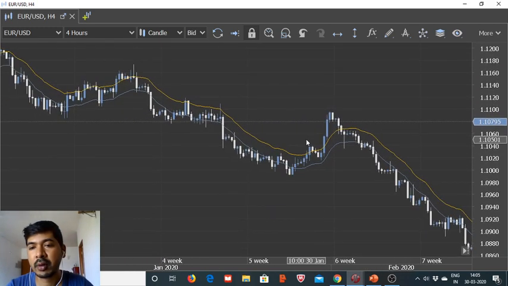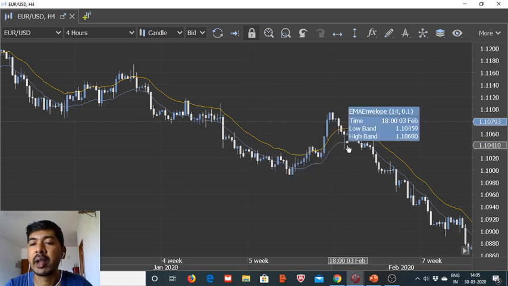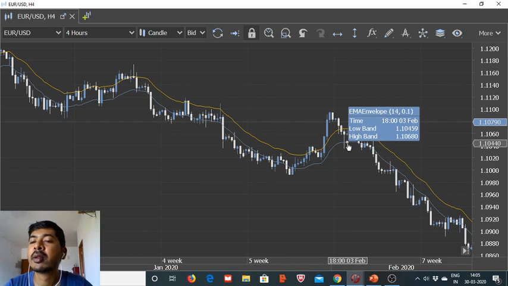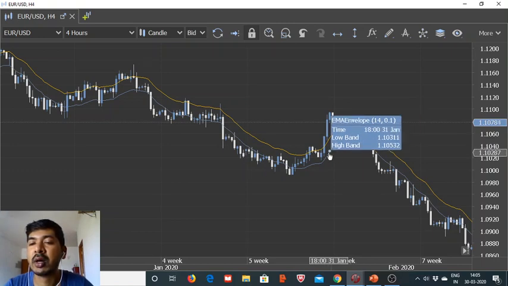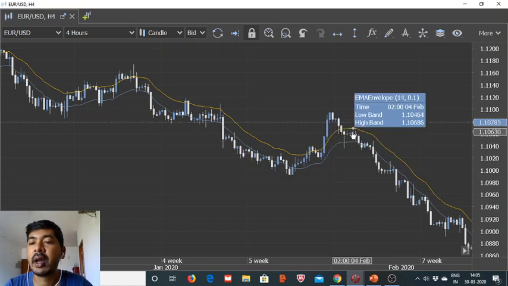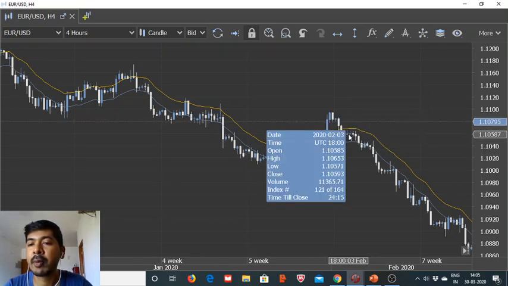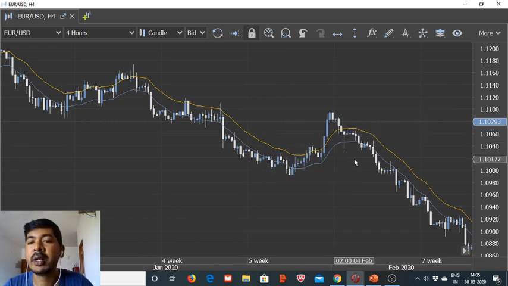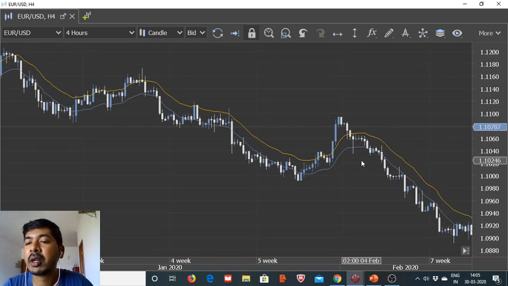So here, as you can see, the last candle has closed in green, and also you can notice that the EMA's high band and low band's values are higher than the prior values, the values from a day back, and there is not much of a momentum. So in such cases, we want to avoid multiple trades.